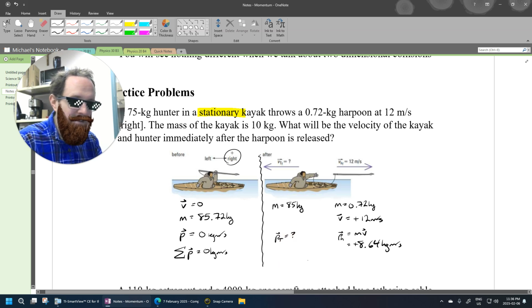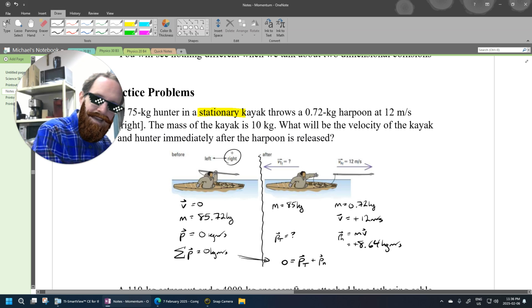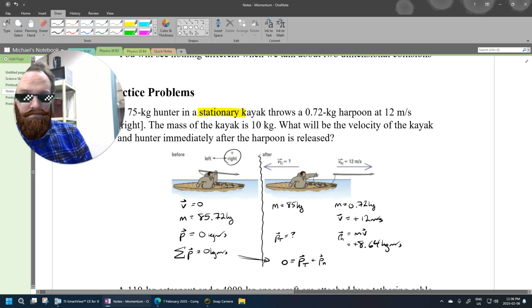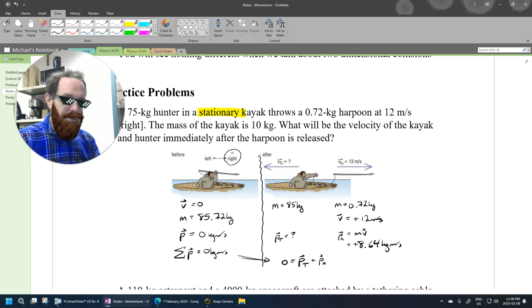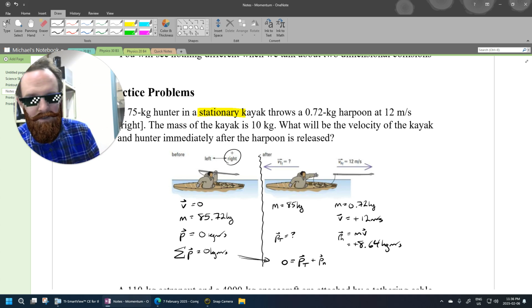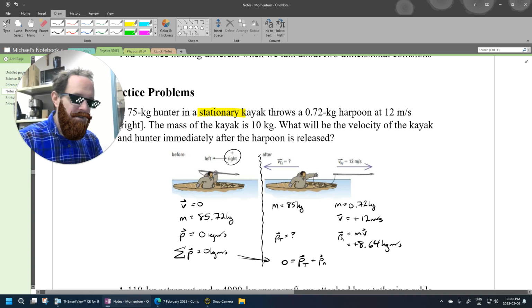If I add those two things together, I should get 0, right? Because everything that added up to 0 beforehand, everything adds up to 0 afterwards, conservation of momentum. We're making the assumption that this is isolated.